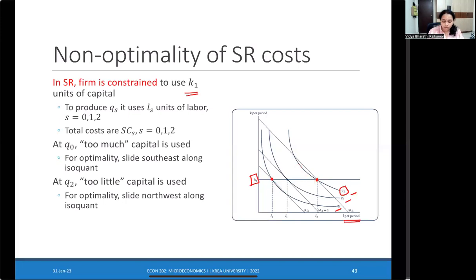Whereas if we look at the third case, for Q1, it happens to be the point where your RTS and the price ratios are the same, so it works out that way. But the point to remember here is that this need not always be the case. In the short run, we may be operating at non-optimal points of production.